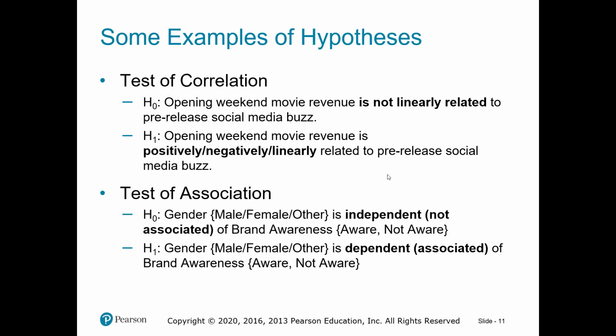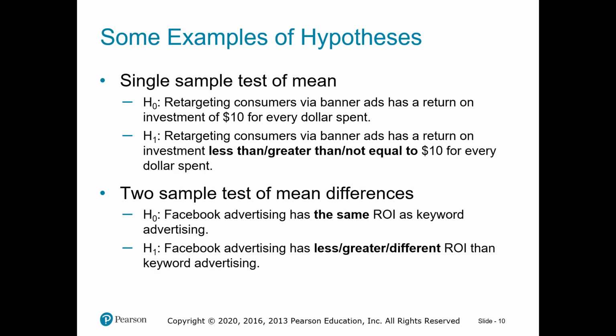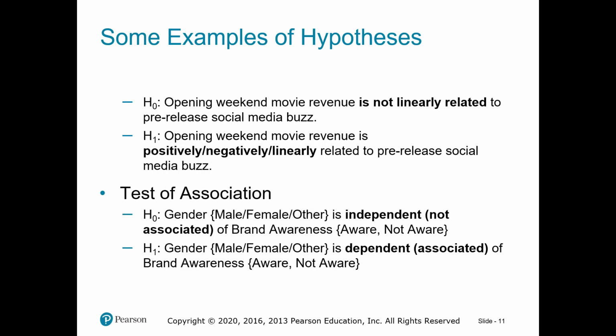There is some relationship between gender and brand awareness. Maybe 70% of males are aware, and only 30% of females are aware of my particular brand of cell phone gaming. So these are just some little examples I put together of different types of hypothesis tests that you're going to come across in this chapter and further on.